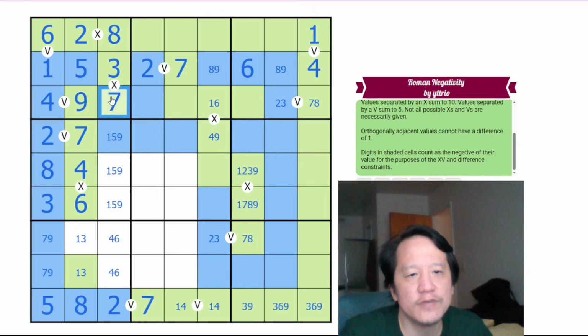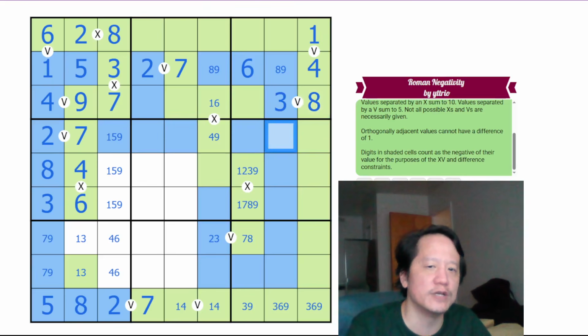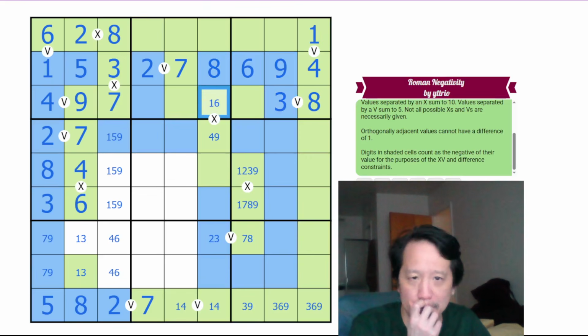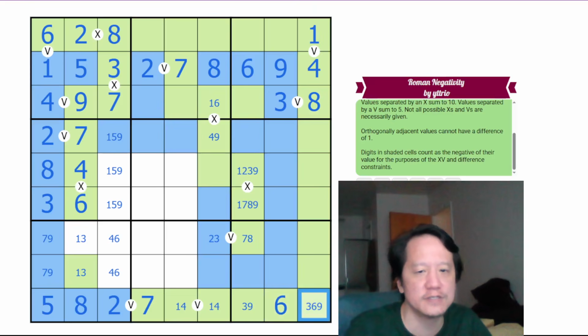This 7 eliminates 7 here, so this is 8 minus 3 is 5. 8 eliminates 8 here, so that's 9 and 8 there. 3 and 9 eliminate 3 and 9 here, so that's 6, which means this cannot be 6 here.